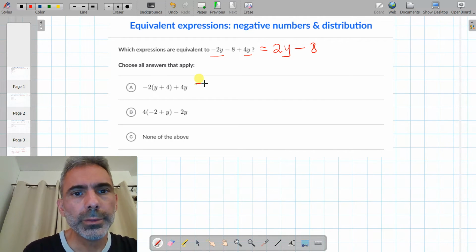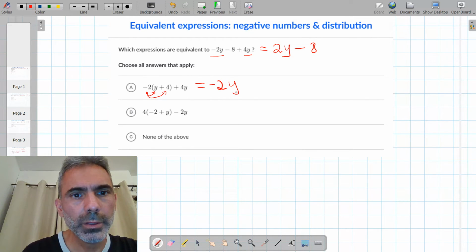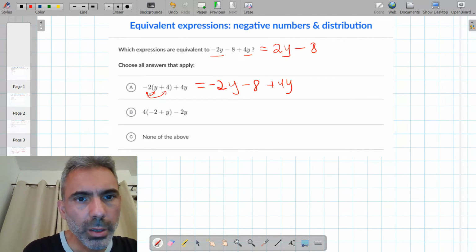Okay, here when we apply the distributive property to both the terms in the parentheses, we get 2 minus 2y minus 8 plus 4y. Minus 8 because negative 2 times positive 4 is negative 8.